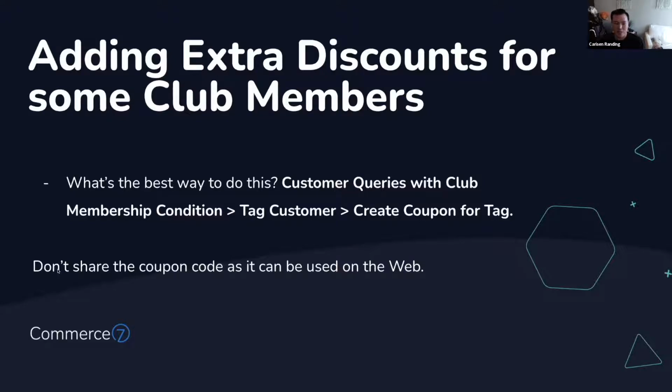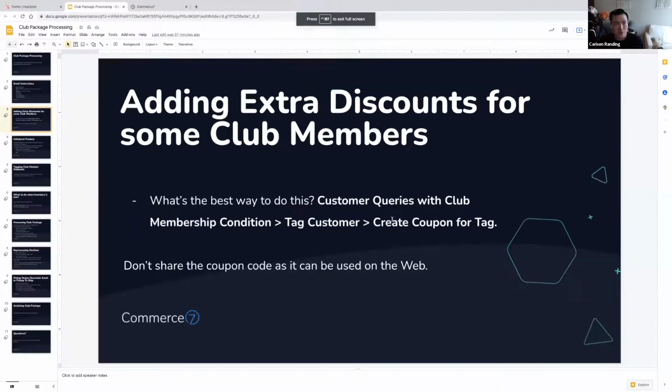And then lastly, you don't want to share the coupon code. So you want to create a coupon code that's fairly long. Don't share the coupon code because it's not channel specific. It can theoretically be used on the web, but this should work for just discounting some club members within a club package. So I'll quickly demo the process for that.